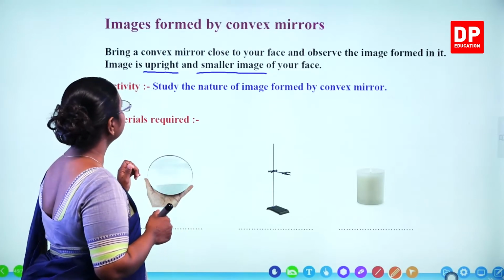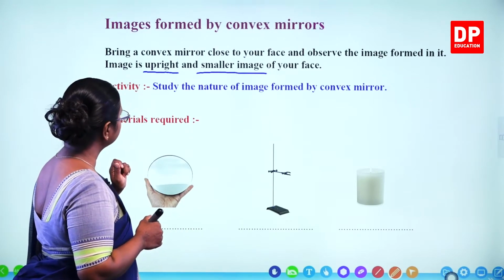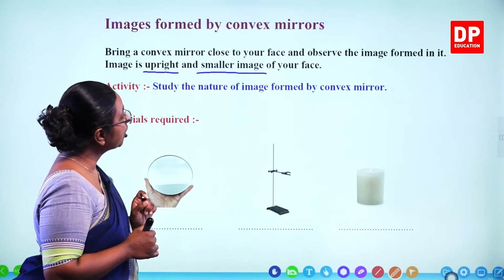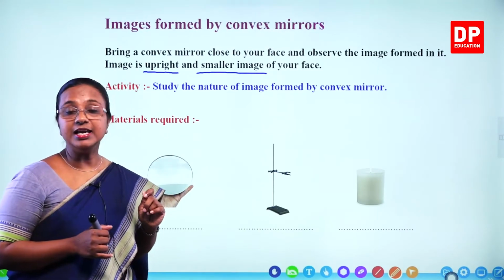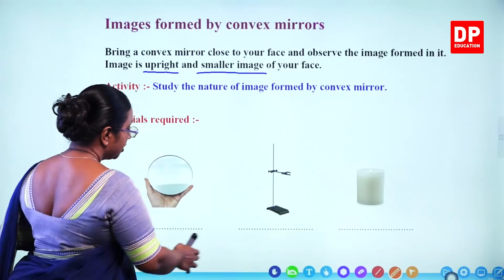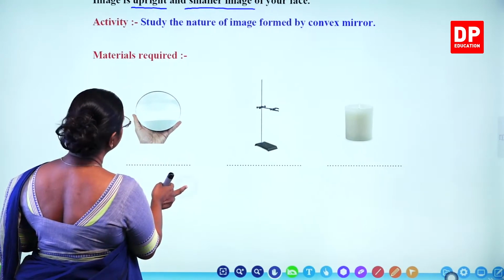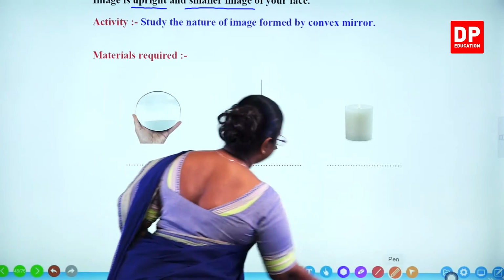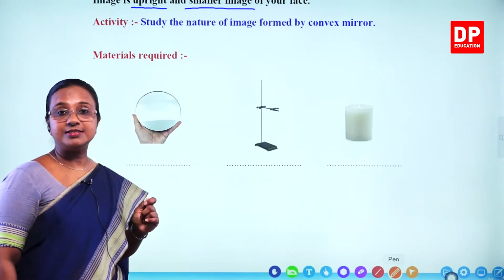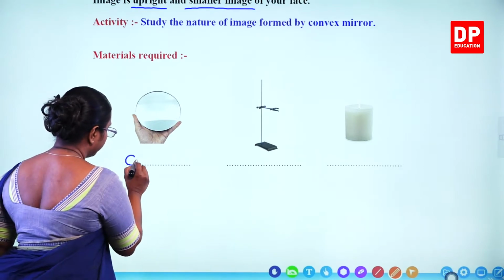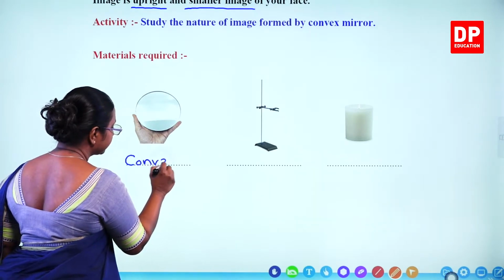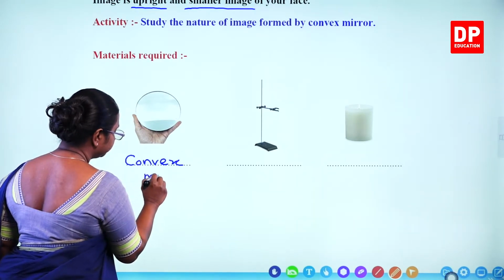So to observe that, we will do this activity. Study the nature of image formed by convex mirror. So to do that, we need these materials. The materials required are a convex mirror. So we need a convex mirror.